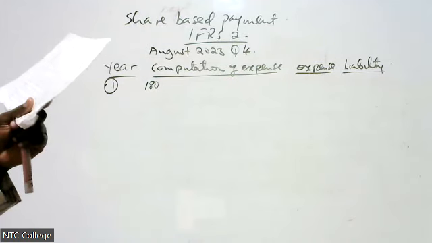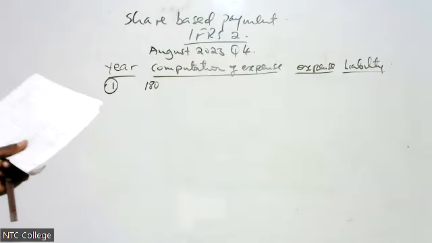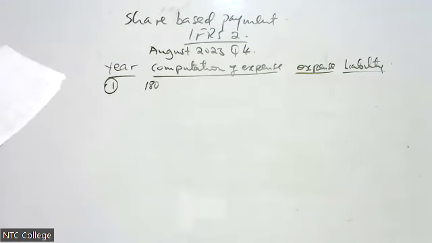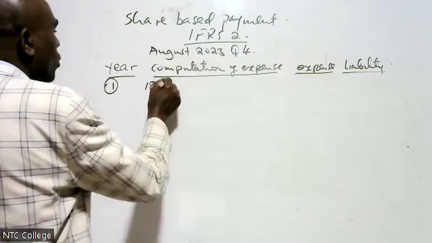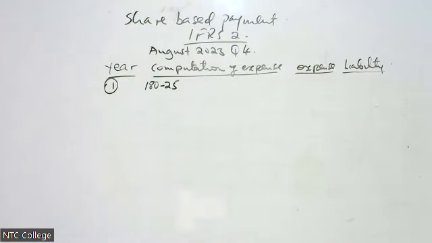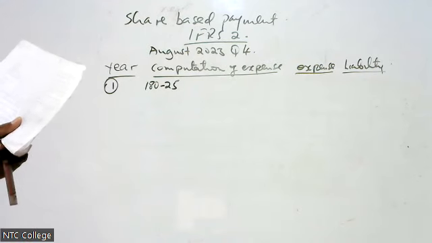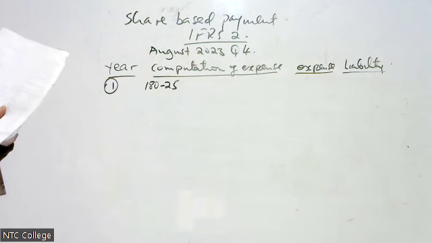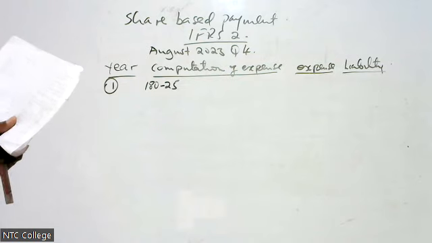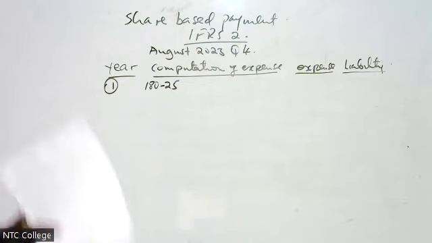On the grant date, the fair value of the shares was 15 each. 25 employees left the company during the year 2020. Therefore, out of 180, 25 employees left the company. Therefore, they will not vest. And 30 employees were expected to leave in each of the 2 years, 2021 and 2022.